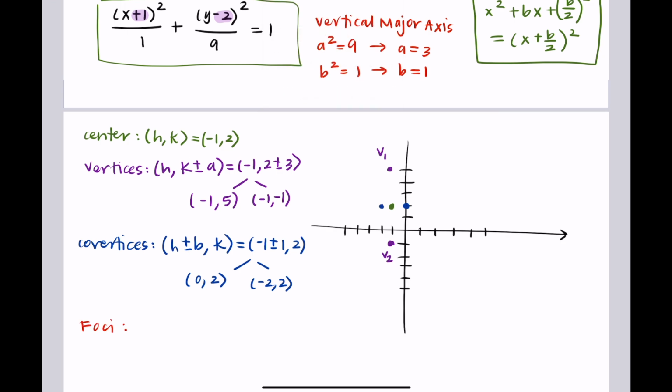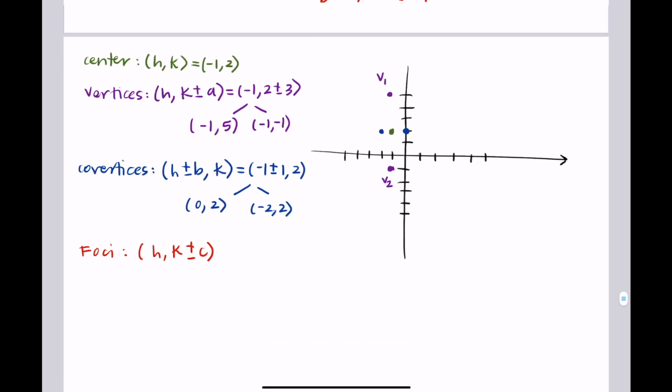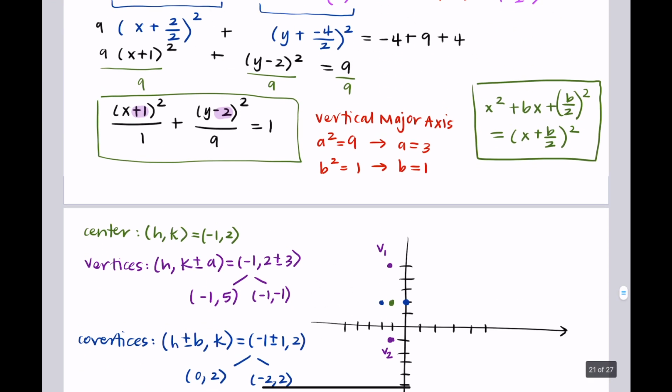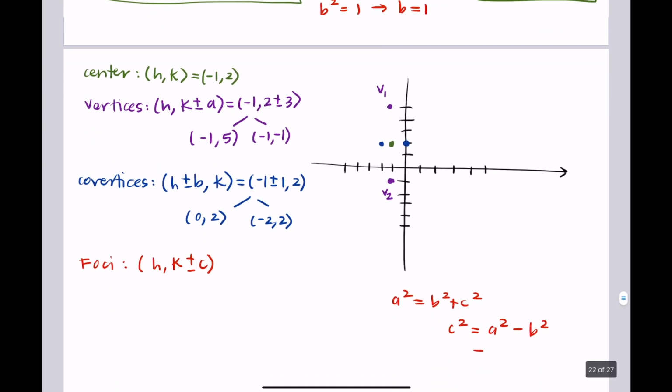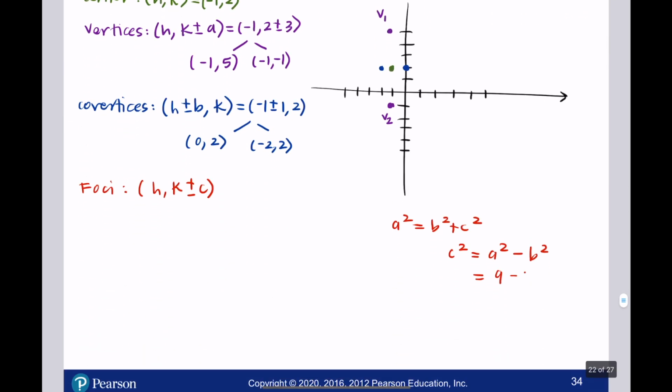So we are going to be moving up and down c from the center. So that means we have h comma k plus or minus c. We need to find our c value by using the fact that a squared is equal to b squared plus c squared, or we can say that c squared is equal to a squared minus b squared. A squared is 9, and b squared is 1.